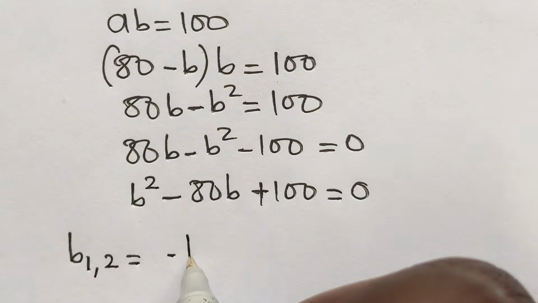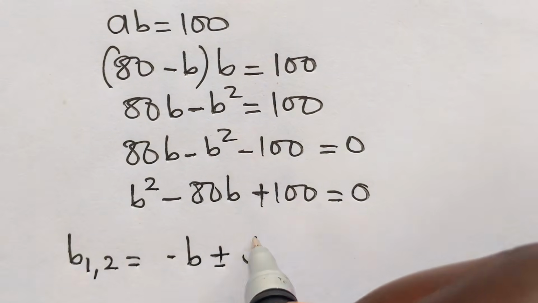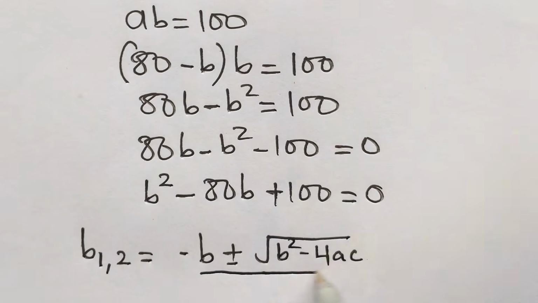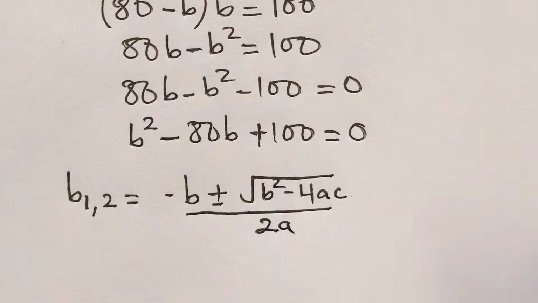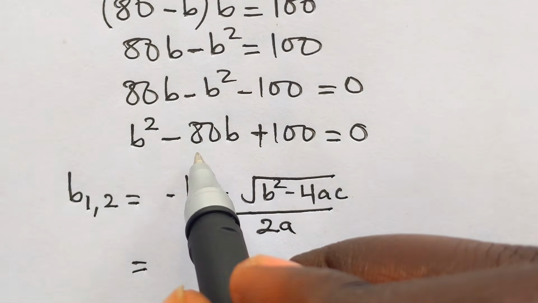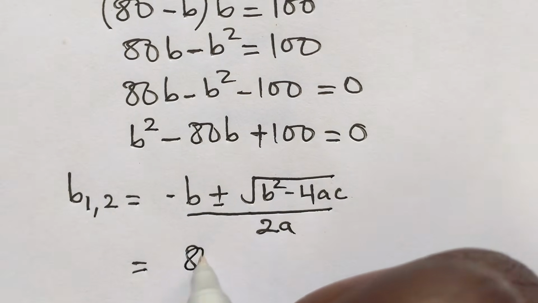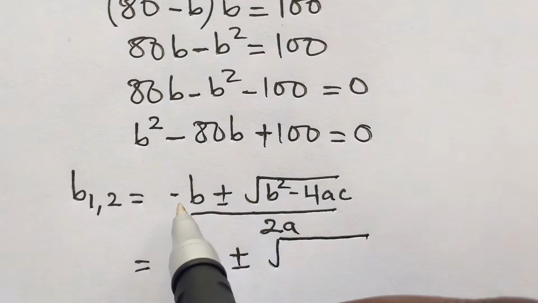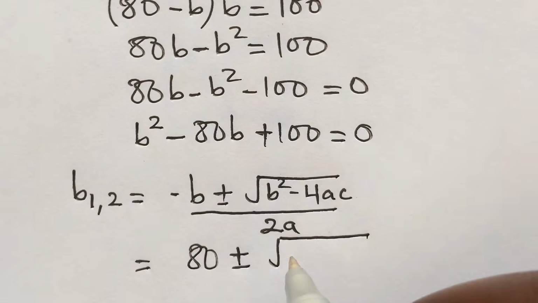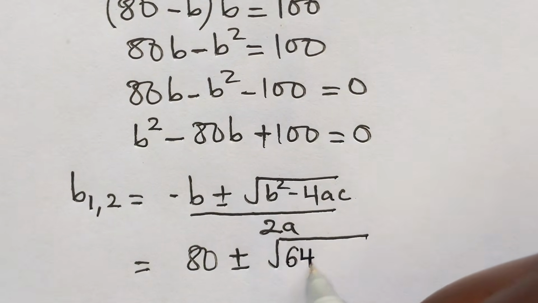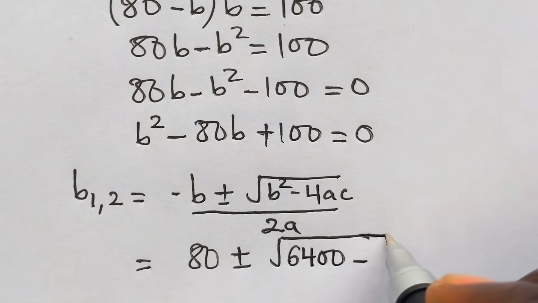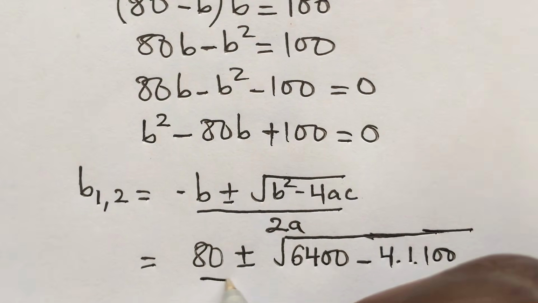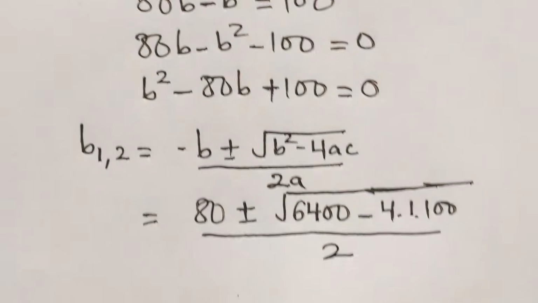This is equal to negative b plus or minus square root of b squared minus 4ac over 2a. And this will be, here we have 80, then plus or minus the square root of, negative and negative shall be positive, that is 80 squared, that is 6400, minus 4 times 1 times 100, then over 2 times 1 is equal to 2.